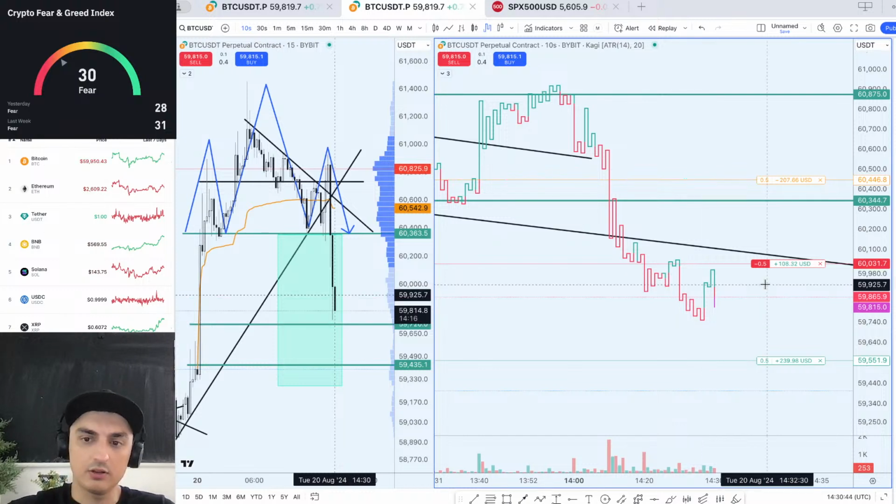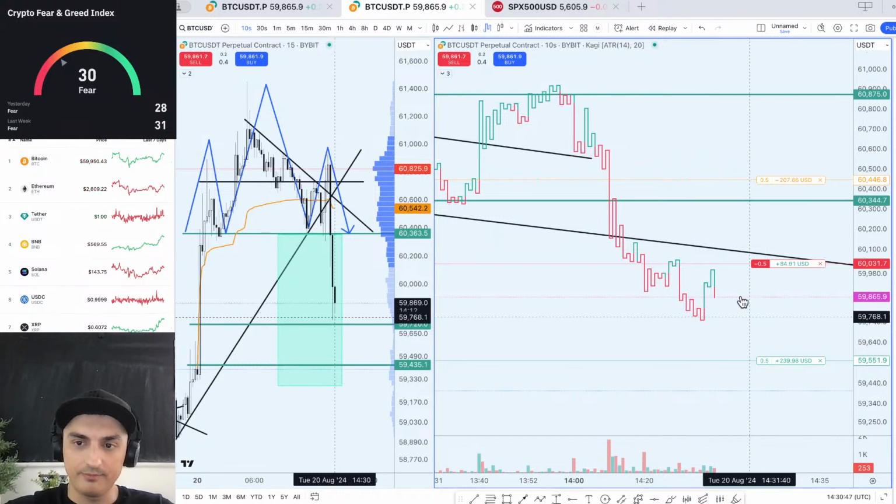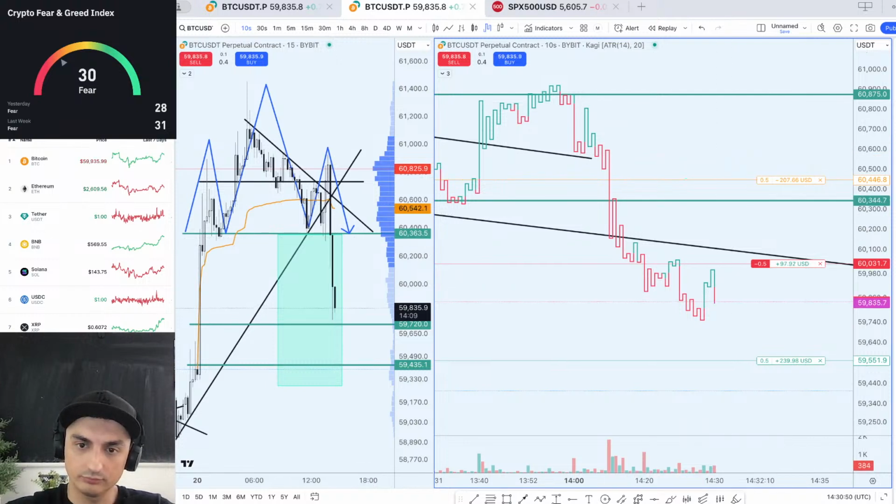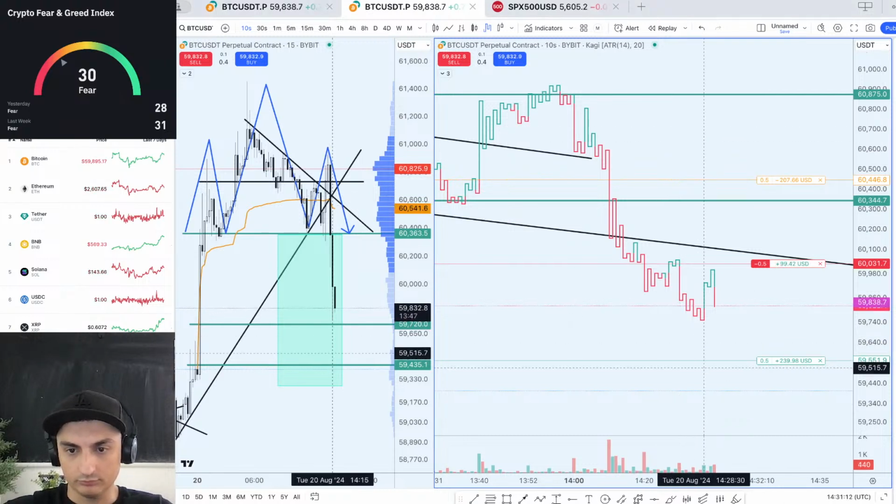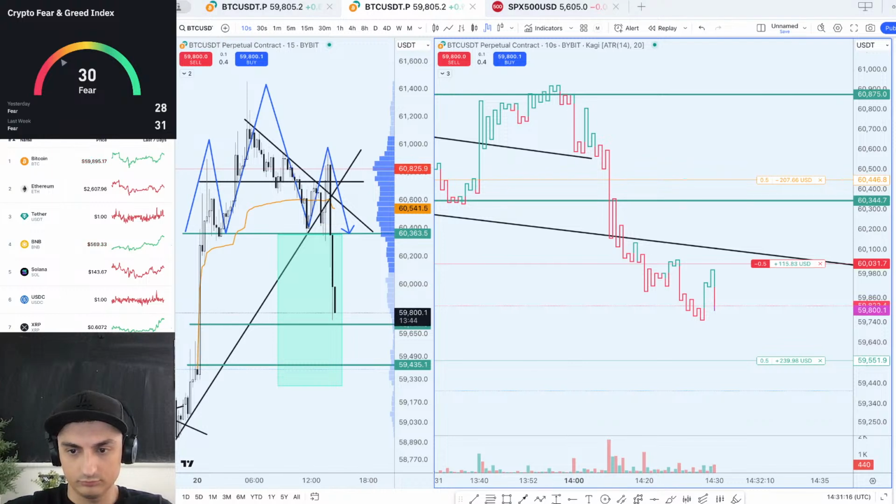You could potentially take this for good profits, but let's see. So don't move anything right now. I'm just waiting for this trade.